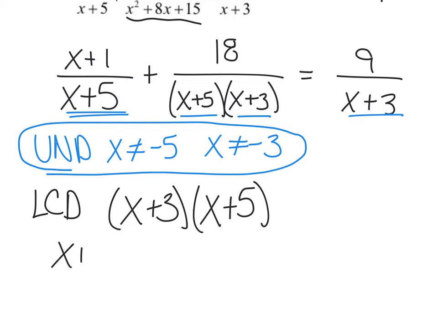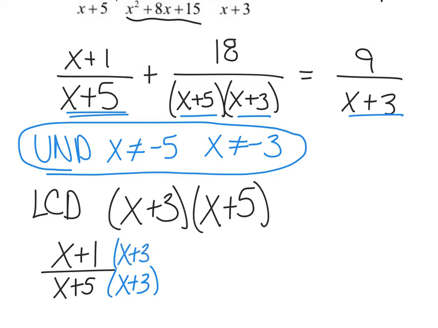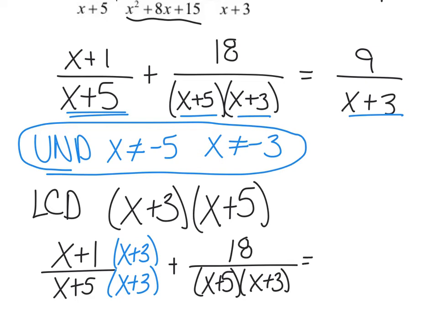So I have x plus 1 over x plus 5, and we have to multiply by that x plus 3. Then I've got my plus sign. You'll notice this one already had both x plus 5 and x plus 3, so I don't need to do anything to the top. We'll just leave it. This last term only has the x plus 3, so it has to get multiplied by the x plus 5 over x plus 5.